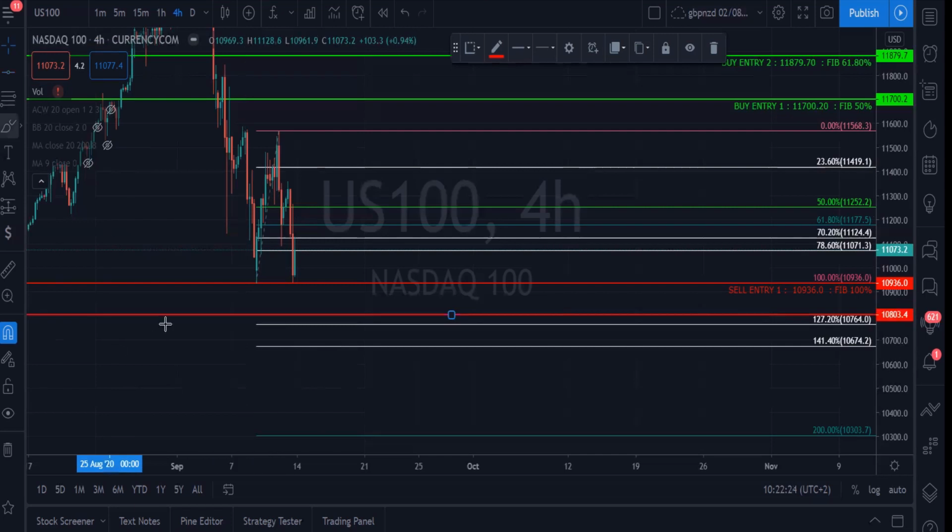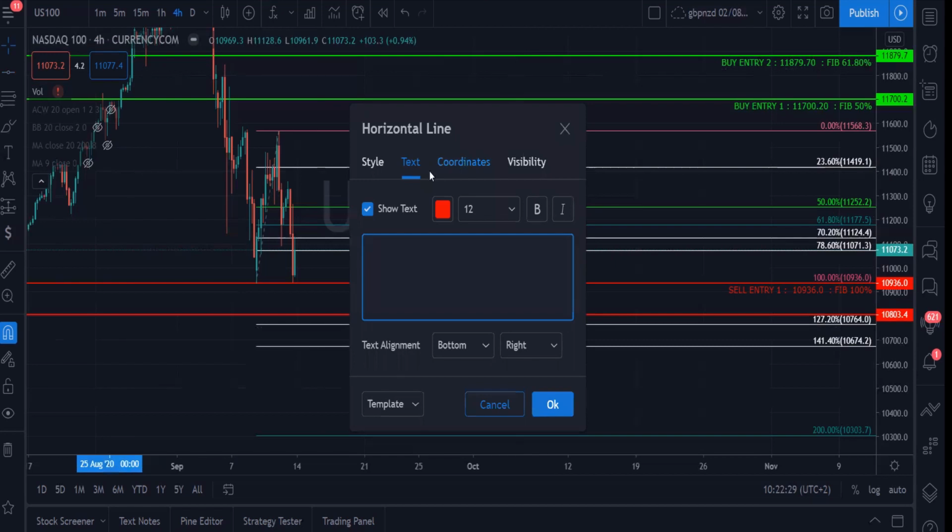Right, I just took another horizontal line. I'm going to edit that. So our text will be sell TP1. And that is 10764.0, and we got that at Fibonacci 127.20.